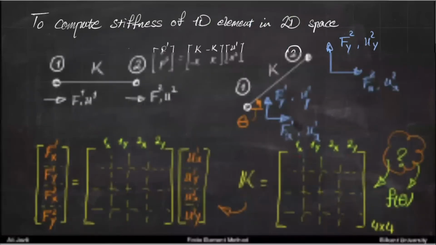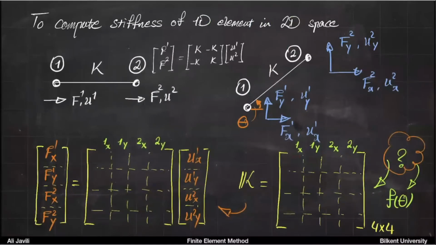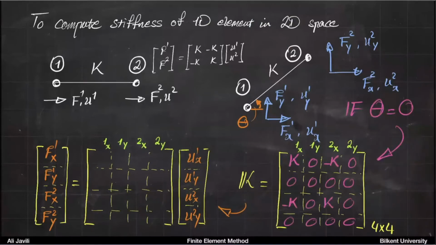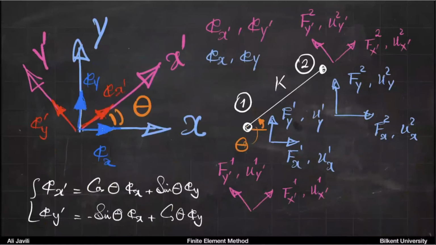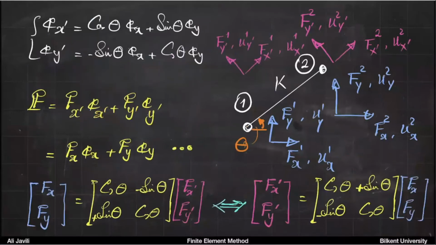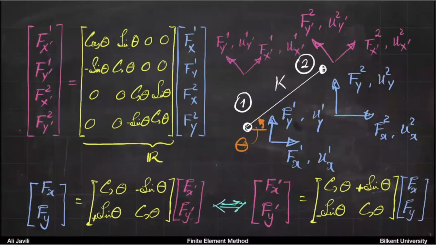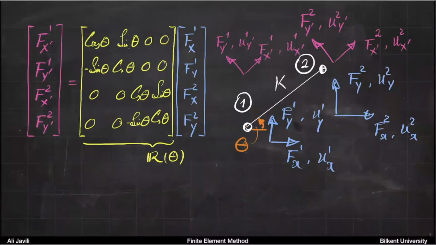And then we went through this proof together in the previous lecture, and we did, let's say, these little mathematical steps, and we showed how we can define a rotation matrix for the system, for, let's say, both nodes.